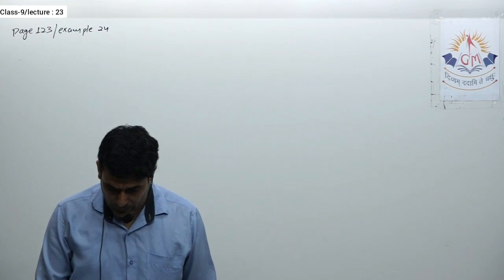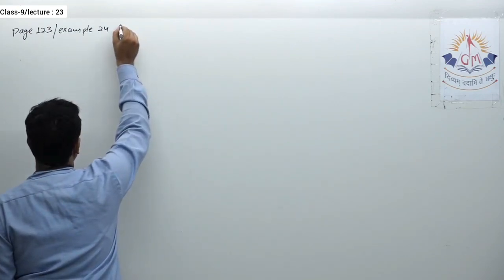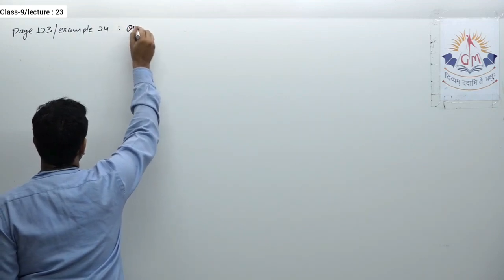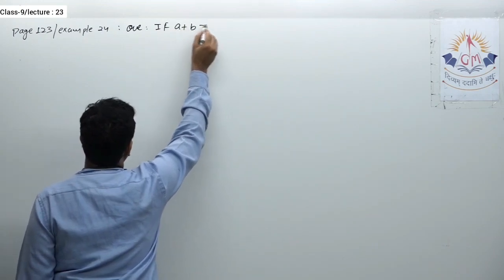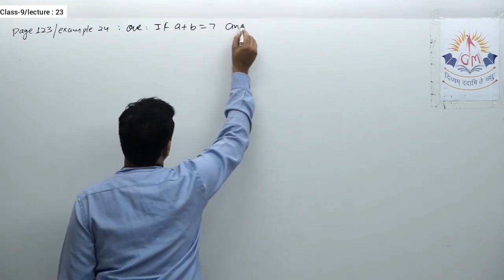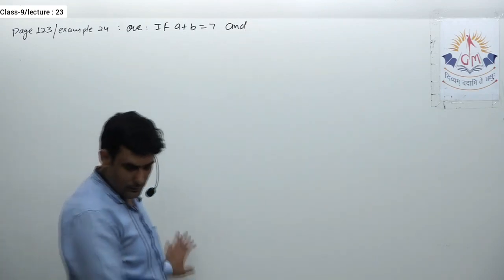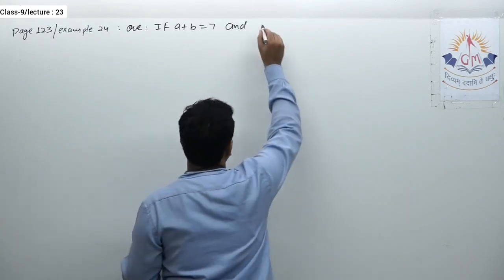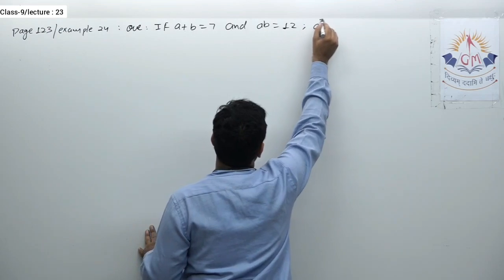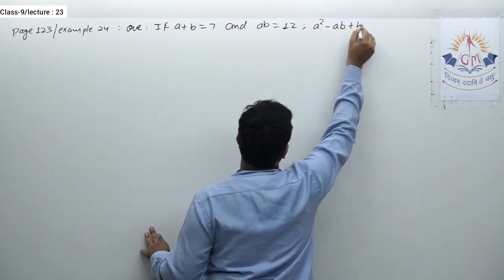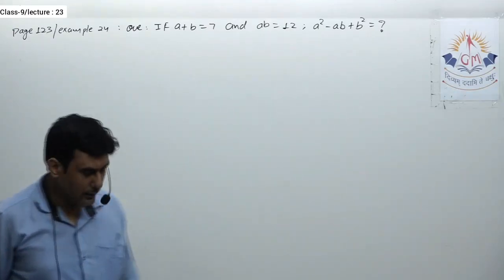If a plus b is equal to 7 and ab is equal to 12, then find the value of a square minus ab plus b square. This you have to find, a square minus ab plus b square.